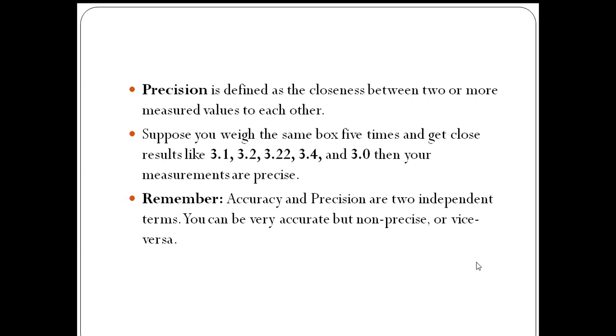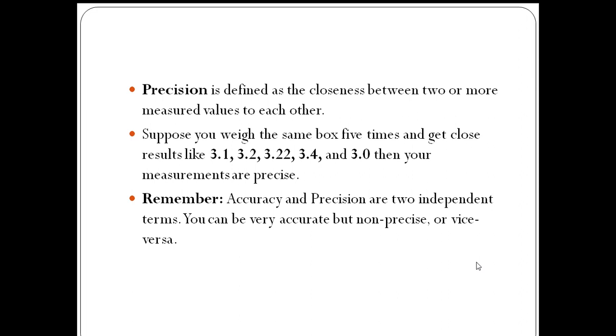The second important terminology in measuring instruments is precision. Precision is defined as the closeness between two or more measured values to each other.